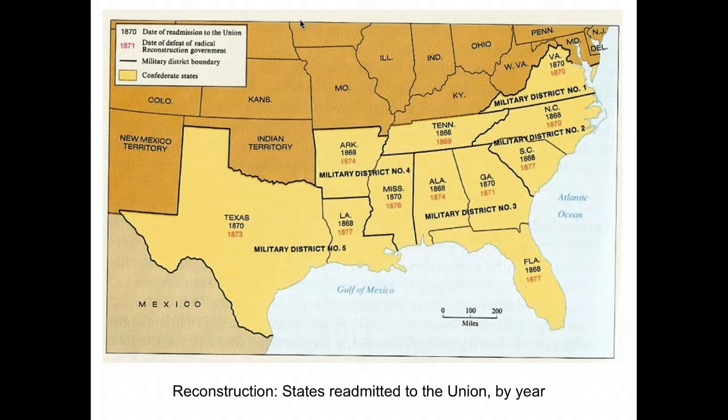So people who had only a few months or years previously been property, been the equivalent of a mule as far as the law was concerned, now were full voters, at least on paper, full citizens in the political sense of the United States.